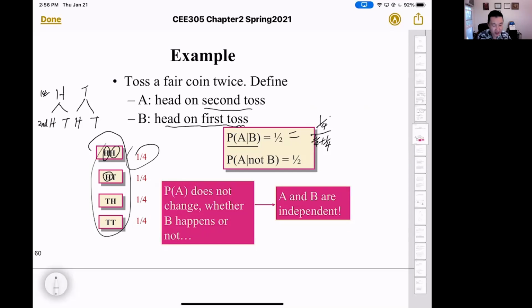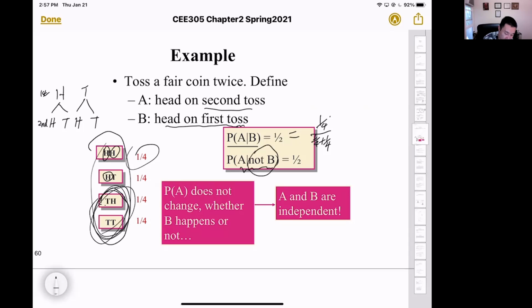To check if A and B are independent, we calculate P(A given B). Again, given means the condition. And this is P(A given not B), which means B does not happen. So not B means the head is not on the first choice, which means we have tail on the first choice, which is these two cases.